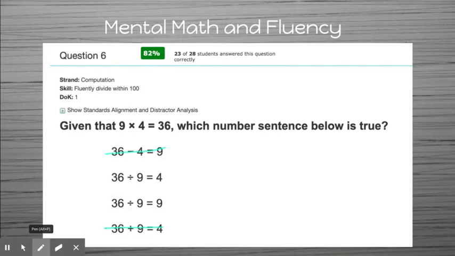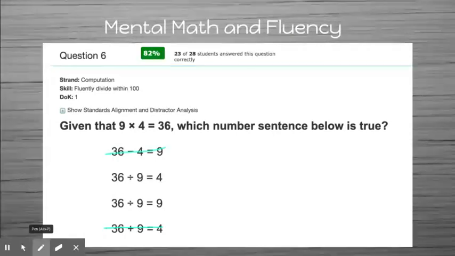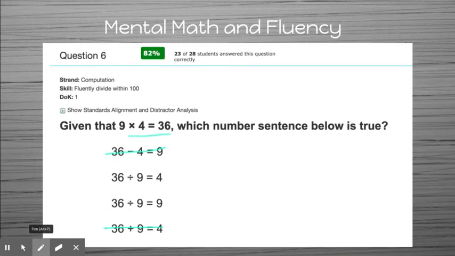So one of the things that I know about my fact families is when I go to write a fact family, I have to write these same numbers. And I know that I'm just going to be moving those around. So the only one that has all three of those numbers is 36 divided by 9 equals 4.